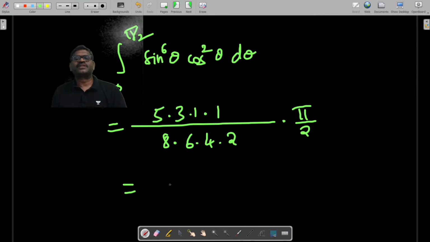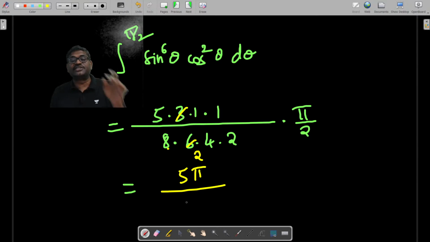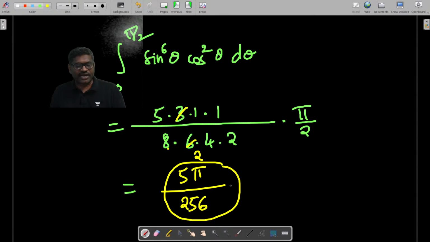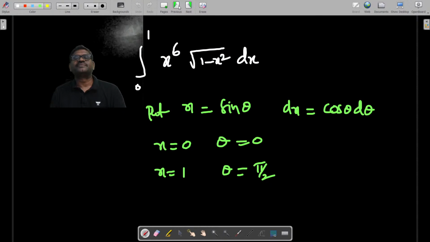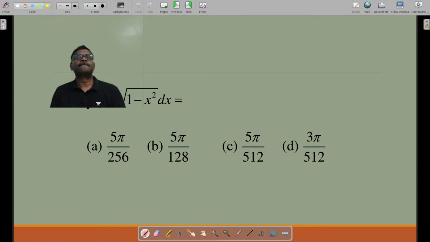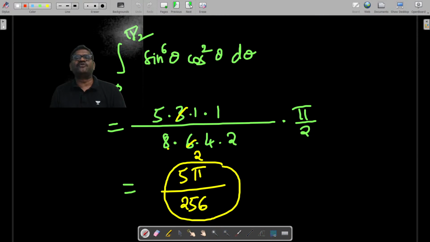Simplify this: 5 pi by 2 cube into 2 power 4, that is 16 into 16, which is 256. So the final answer is 5 pi by 256.